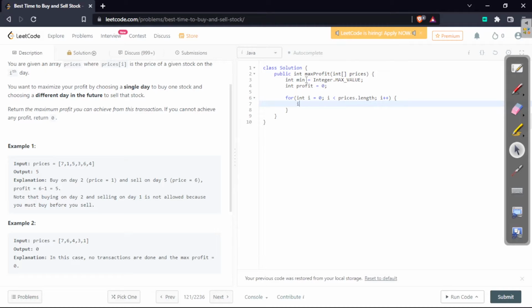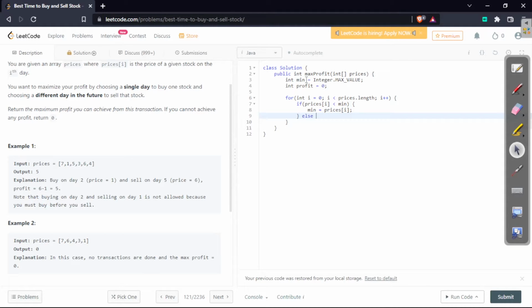Now we would find the minimum. How would we find the minimum? If the price at any given point in the array is less than the minimum, then we would change the minimum to that value, to prices[i].